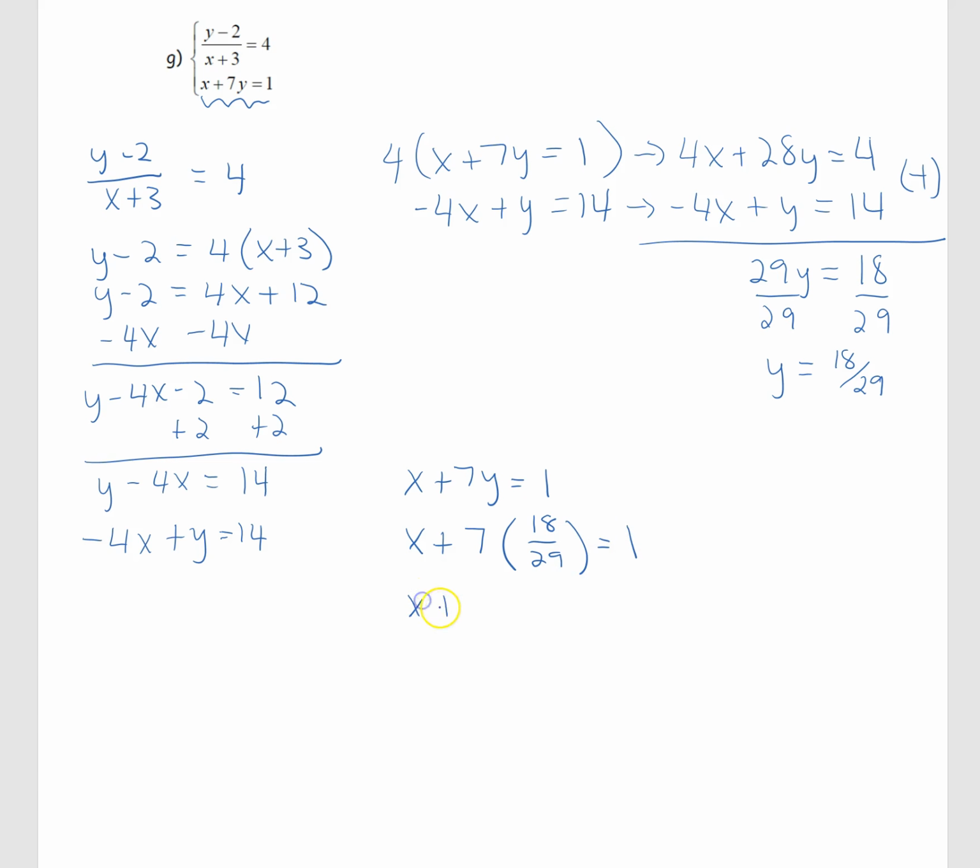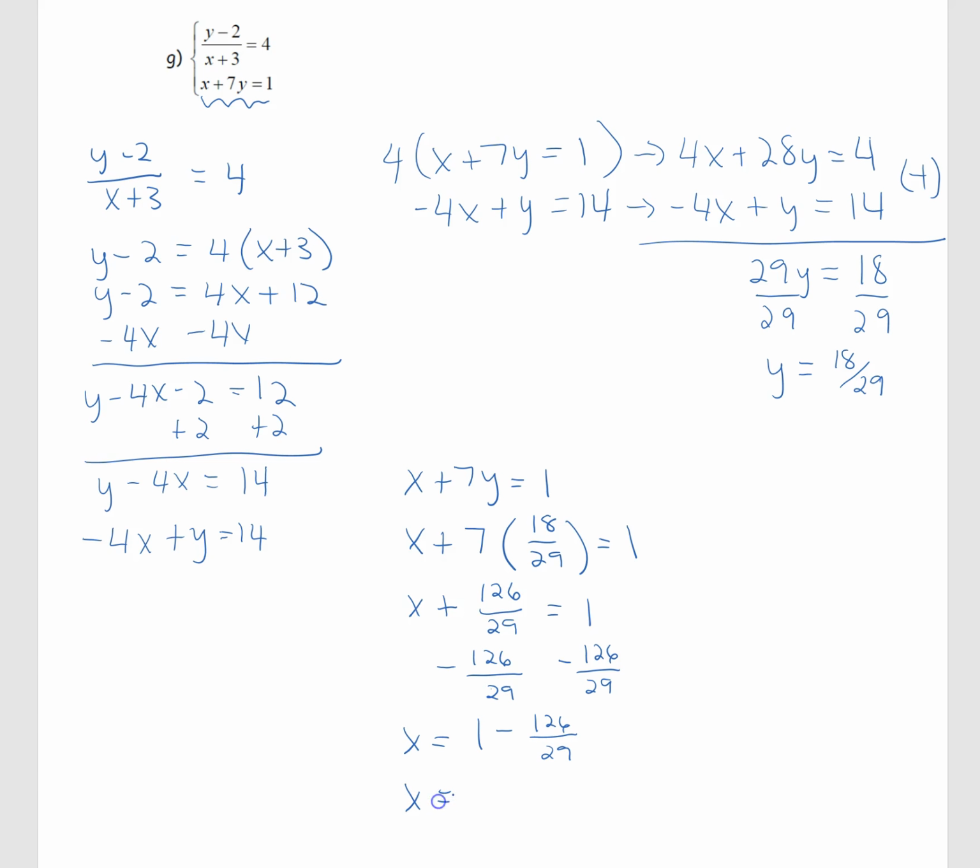And so 7 times 18 is 126 over 29. And I'm going to subtract 126 over 29 on both sides of my equation. So this gives me x equals 1 minus 126 over 29.